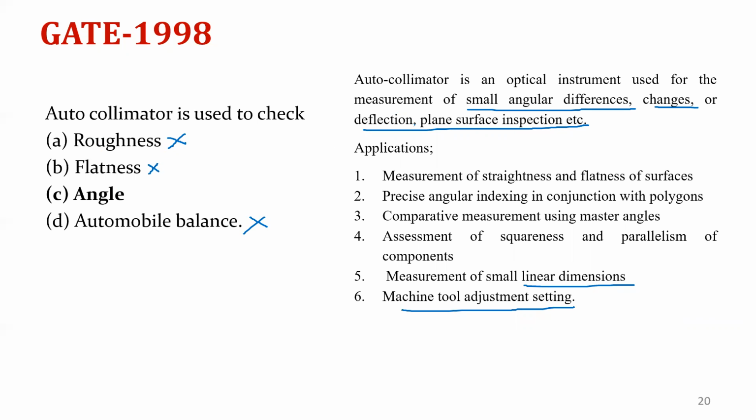Only the auto collimator can be used for measuring small angular differences or changes. Primarily, the auto collimator is used for measuring angular differences.